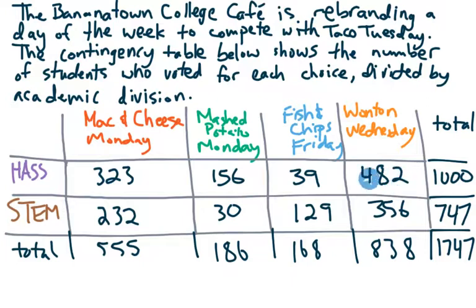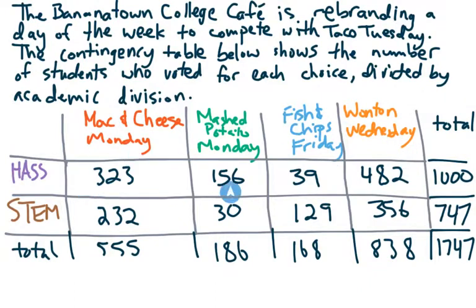So these are the people who preferred Wonton Wednesday that were in this group out of how many people altogether were in this group. So once again, if this is my entire universe, the people who preferred Wonton Wednesday are only these people. How did we describe this cell before? You remember? We said that this was Wonton Wednesday and Haas. That intersection. So the people in this universe that prefer Wonton Wednesday are the people who had Haas major and Wonton Wednesday preference.